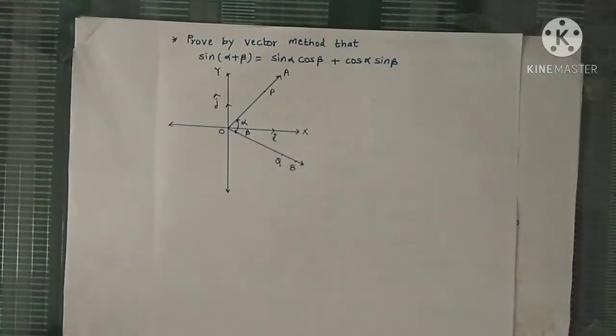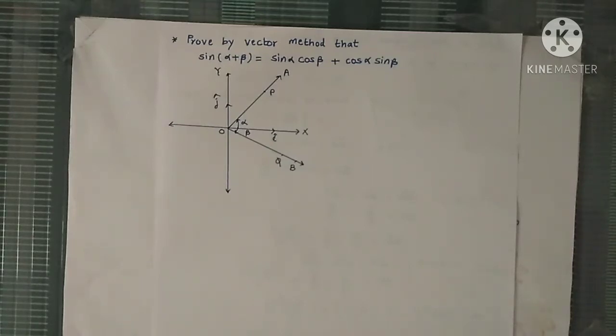Let's consider one more question based on cross product. The question is, prove by vector method that sin(alpha plus beta) equals sin alpha cos beta plus cos alpha sin beta. So to prove this, let's take angle alpha equal to XOP or XOA and XOB equal to beta.